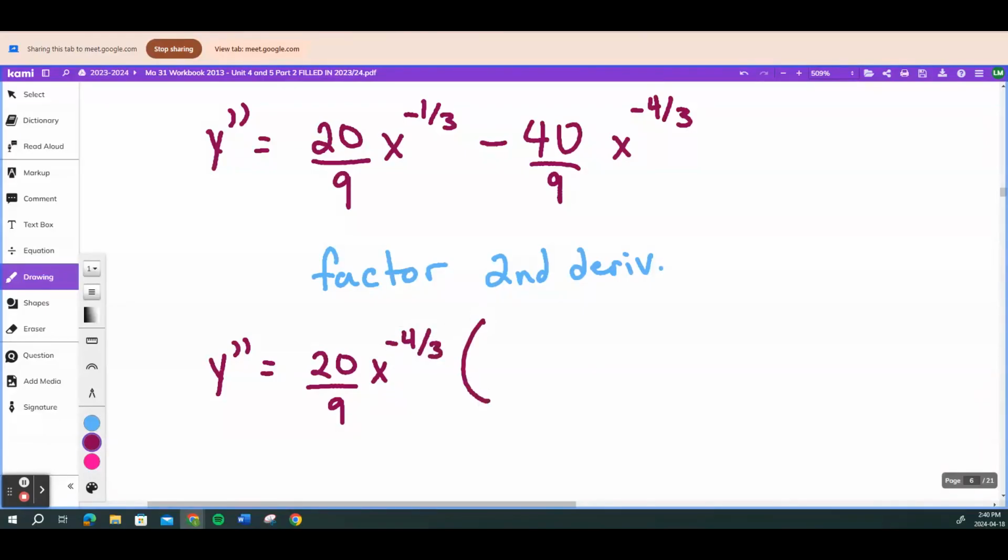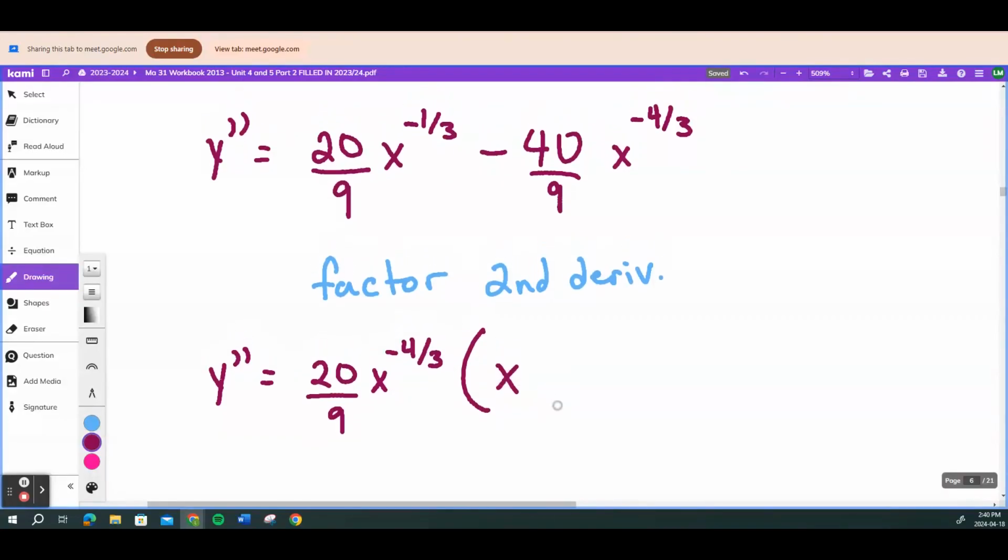What's left over is just x to the power of 1, because we're doing x to the negative 1/3 minus negative 4/3, which is equal to 1. Minus, and then this is going to be 2, and the x's cancel out when dividing by x to the power of negative 4/3.